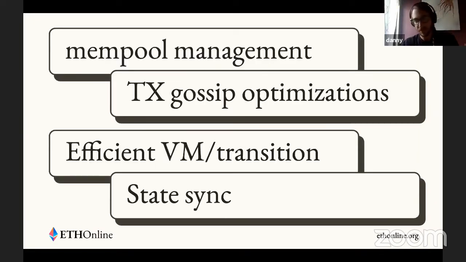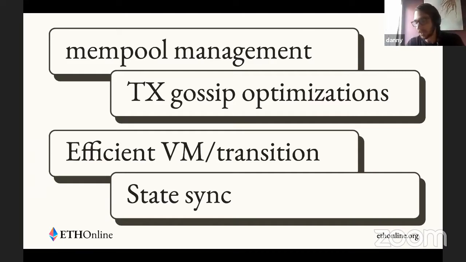I mentioned some of these things. Some of the optimizations and deep work being done on Eth1 clients include transaction management. It's riddled with security issues when people can send random transactions to you, DoS vectors, all sorts of stuff.